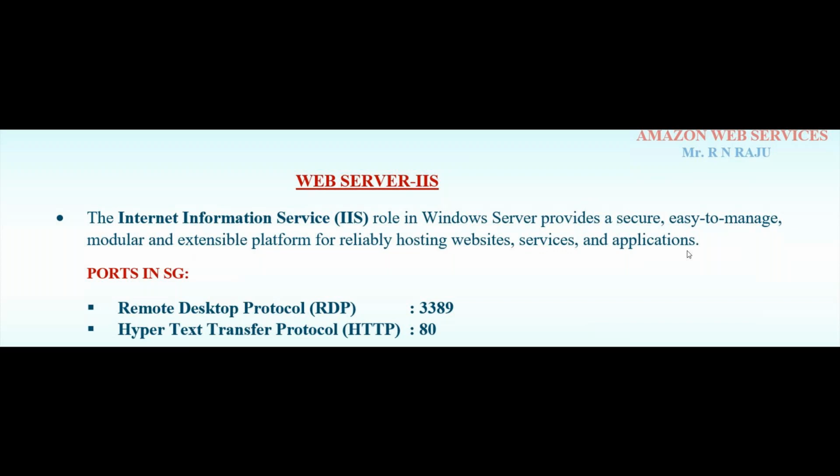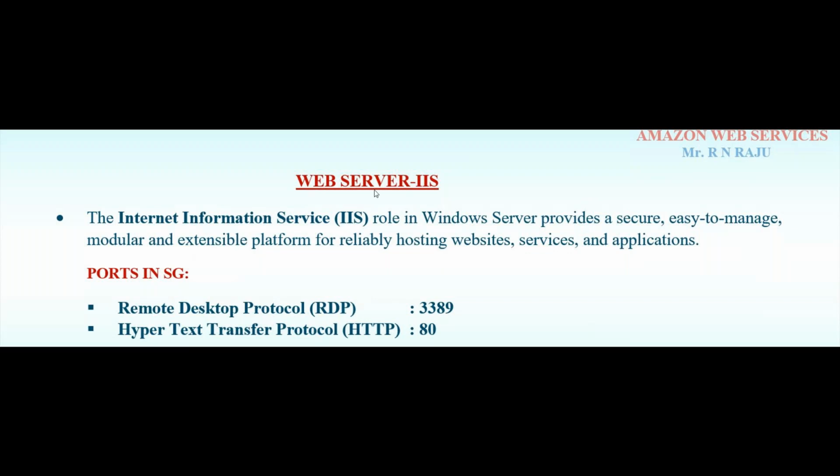You can install Microsoft IIS server in Windows, but generally in Linux servers there are Apache HTTPD, Tomcat, different servers. Same as that, in Windows there is Microsoft IIS web server. If you want to host any website, then go for IIS. But you must add another port in the security group. Remember, for connecting to EC2 Windows, it is remote desktop RDP protocol 3389.